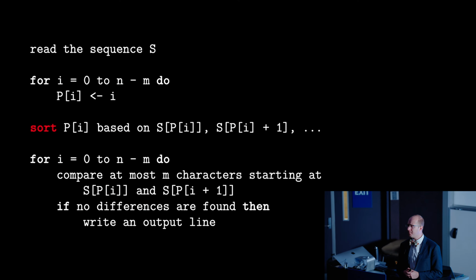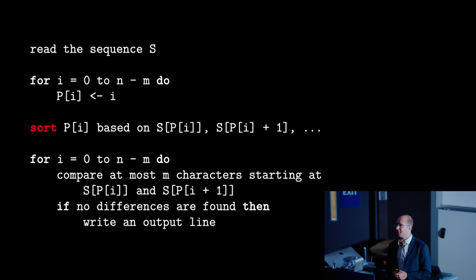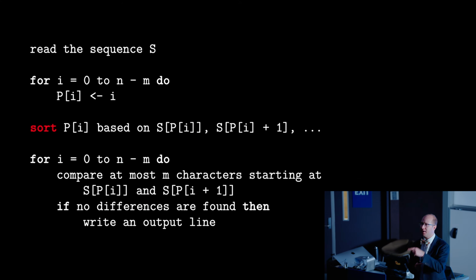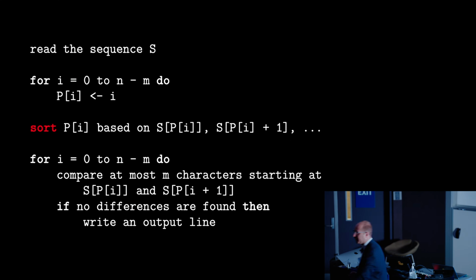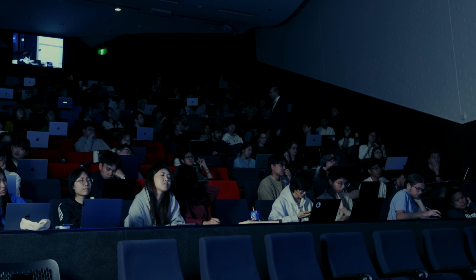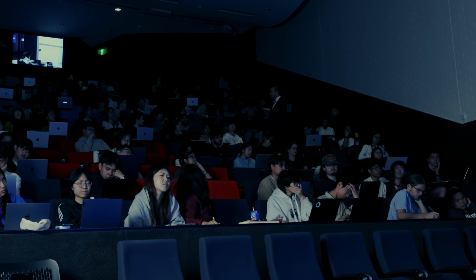Does anyone know why? Why do we go from 0 to n minus m? Yes, let me run you up a microphone. Yes, it's because we check m characters in front of the position, so if you were to go past n minus m, it would go out of bounds. That's perfectly right.